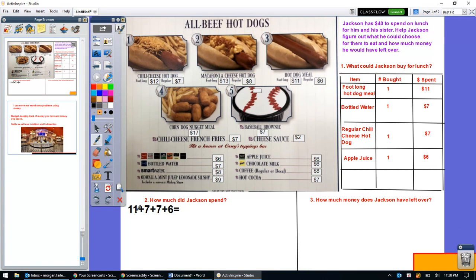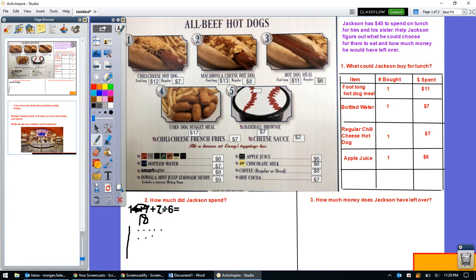Now to make this easier on myself, I'm just going to do two numbers at a time. So this is 11 plus 7, and I can easily add that mentally, I remember from my fast facts, or by adding 1 ten and 1 plus 7 more ones. And I know that this will give me 18. Now that this is 18, I have 18 plus 7 plus 6.